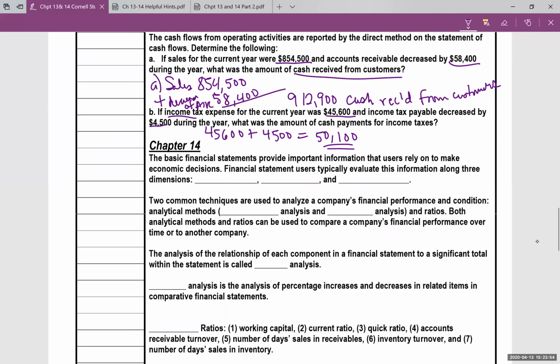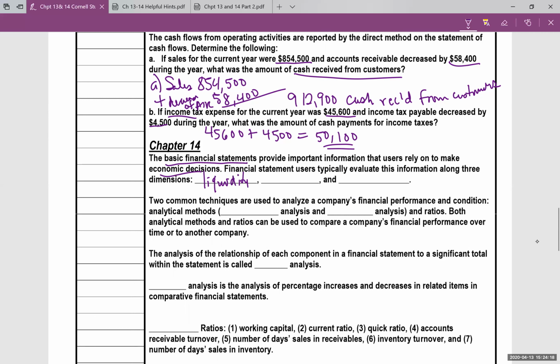So switching over to chapter 14, it's all about ratios, and it talks about basically taking those financial statements. You get this information, but you have to use it to make economic decisions. So financial statement users typically evaluate this information along 3 dimensions. Liquidity, how liquid is the business?